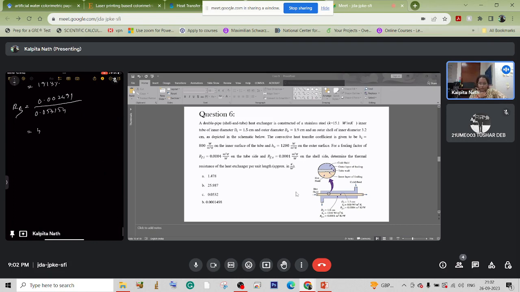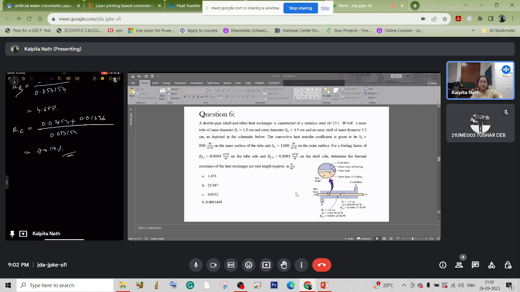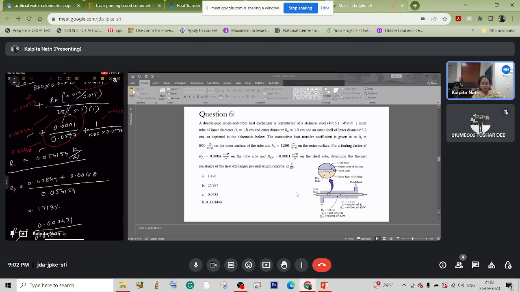This will come out to be 4.68%. Now the rest is convective resistance. So this is 0.02653 plus 0.01396 upon the total 0.053154. This will come out to be 76.17%. So the convective resistance provides the maximum resistance to the heat transfer.